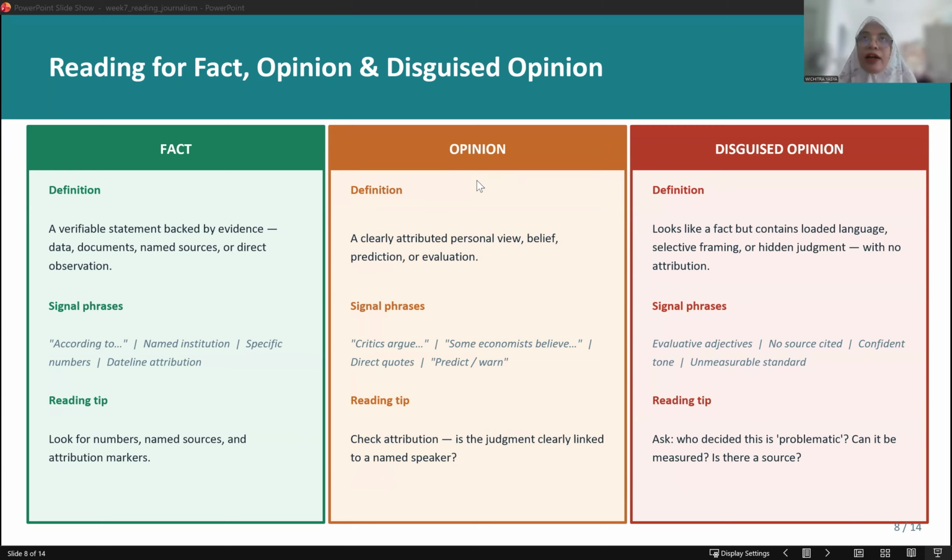But it's okay if in the facts they have opinions. Jadi tidak apa-apa jika di dalam fakta tersebut ada opini dari si wartawannya, ya, karena tadi itu bisa menunjukkan agenda setting dari media tersebut, ya.